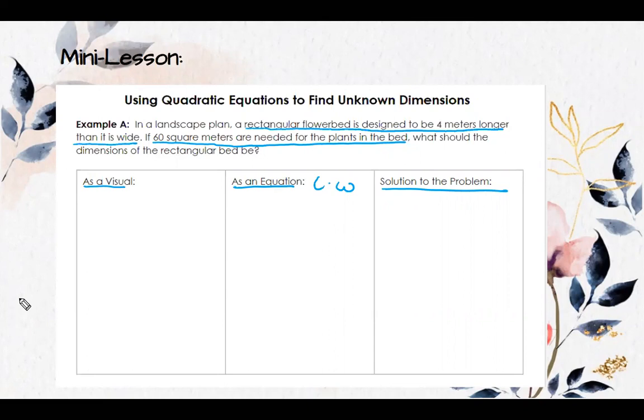You have a flower bed. Picture this rectangle. You don't know its width, but you do know that the length is 4 meters longer. What is 4 meters longer than something you don't know? X plus 4, right?